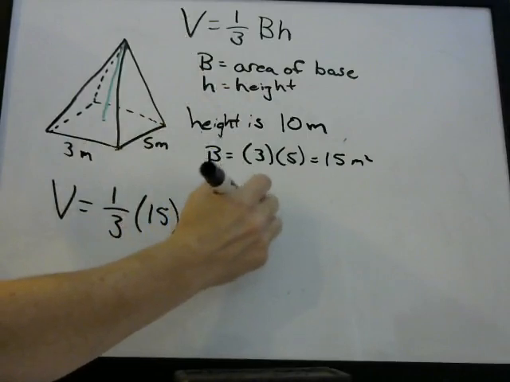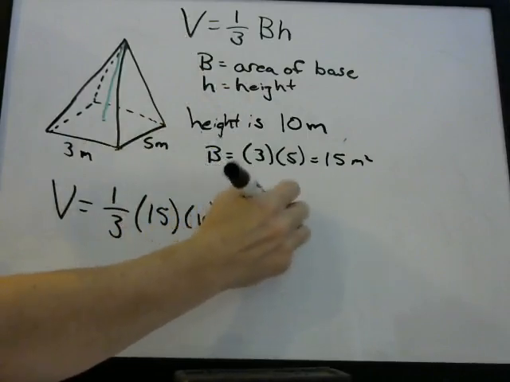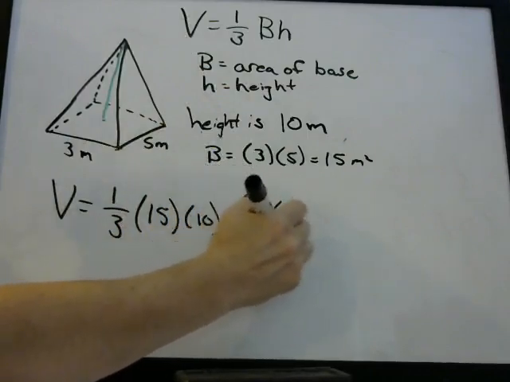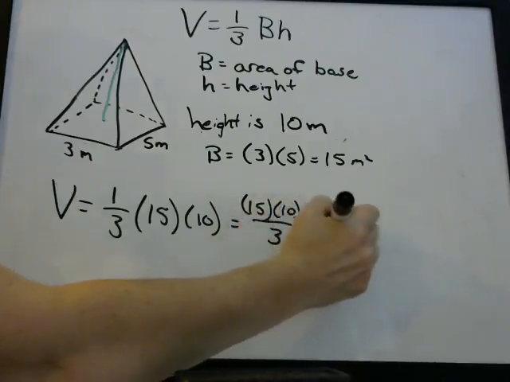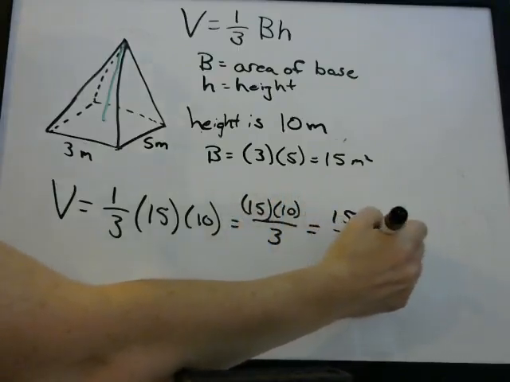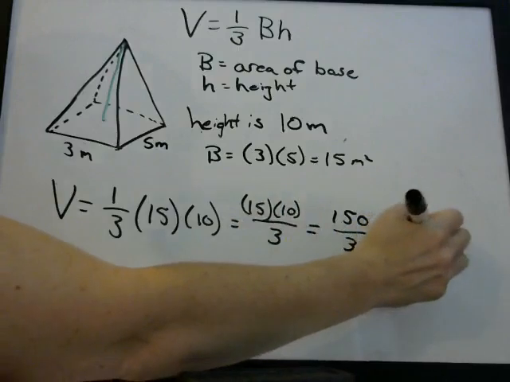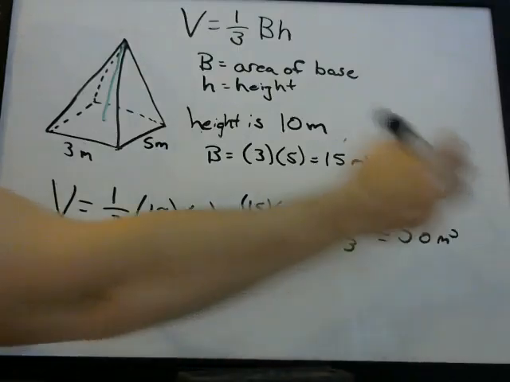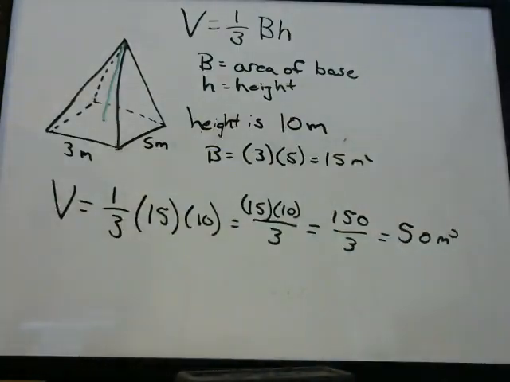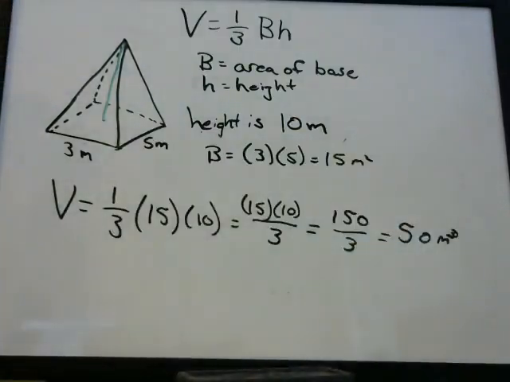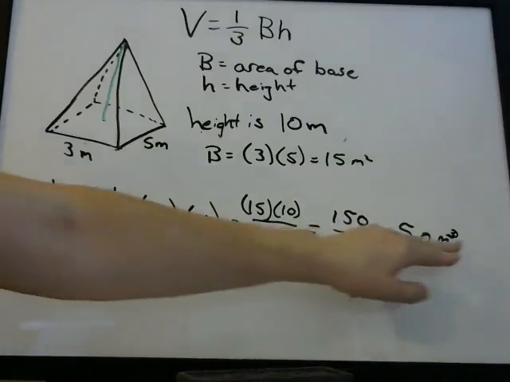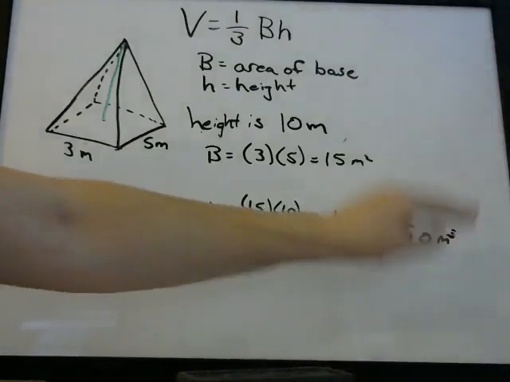We can write that as 15 times 10 divided by 3. 15 times 10 is 150 divided by 3. 150 divided by 3 is 15 meters cubed. Remember, when you're doing volume, it's always cubic. Your units are always cubic with a 3 on it.